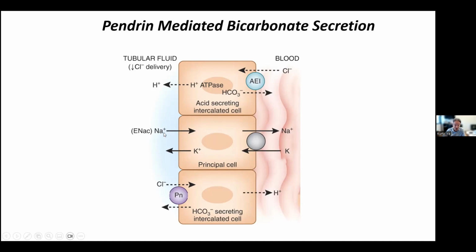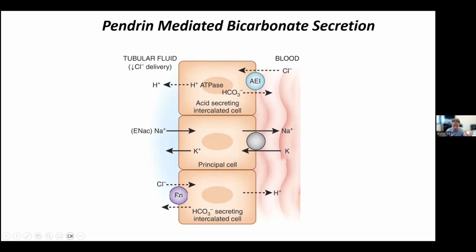So this is involved in Liddle syndrome and in giving amiloride, triamterene, and other genetic diseases where it can be increased or decreased. And then there's a sodium pump here, which we don't need to focus on. But this is the cell that's responsible for secreting bicarbonate, and it needs chloride in the lumen to do it.